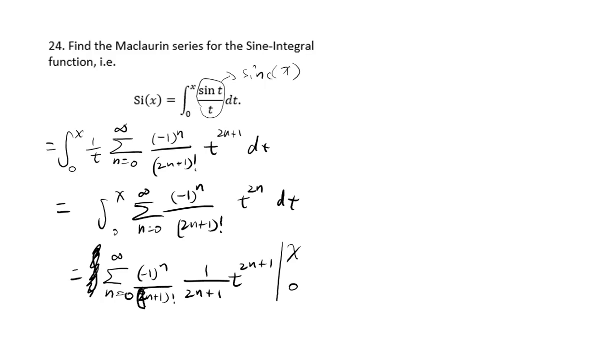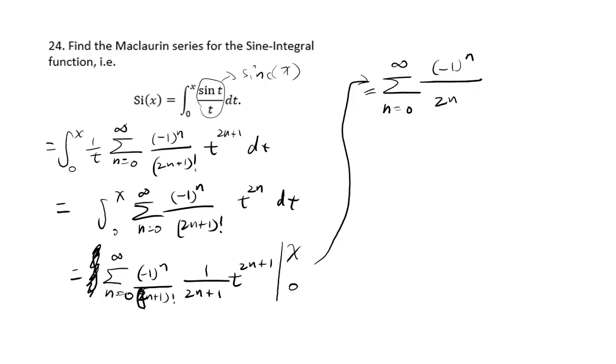So what you end up with is the sum for n equals 0 to infinity of negative 1 to the nth power over 2n plus 1 factorial, then times 2n plus 1, and then you have x to the 2n plus 1. And that's it. That's the Maclaurin series for the sine integral function.